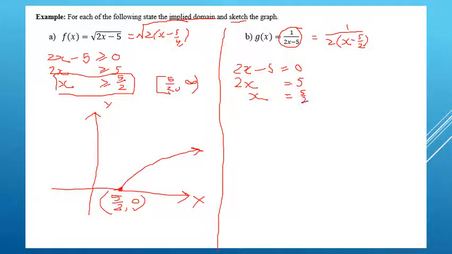So therefore the domain, DOM is good enough, is going to be R, all values are okay, except, because this is a hyperbola, except one value, in this case it's the value where it's 5 on 2.